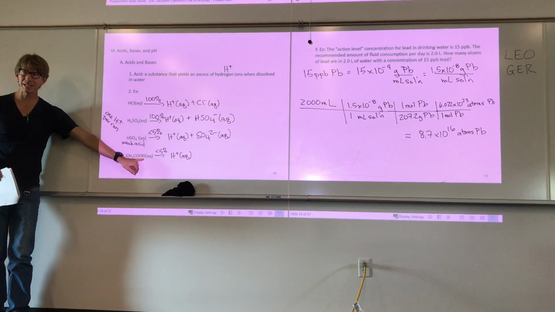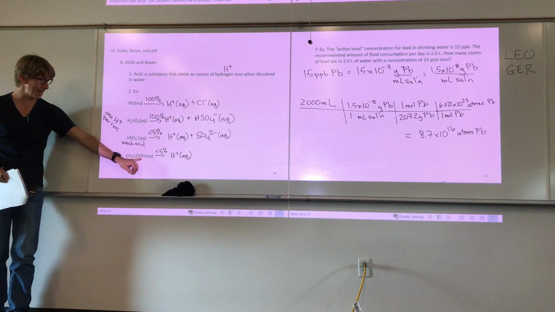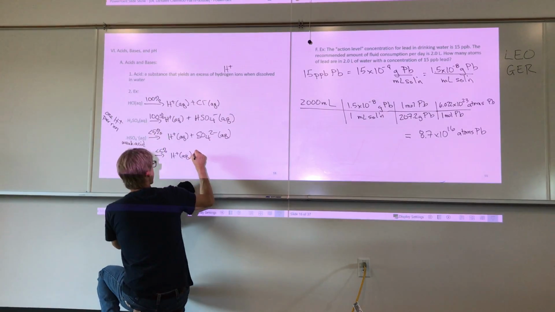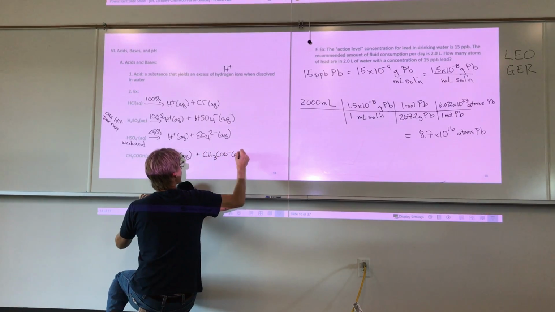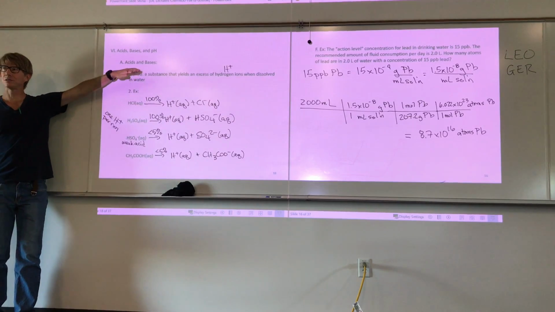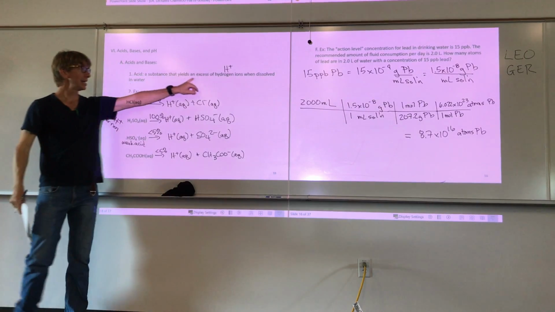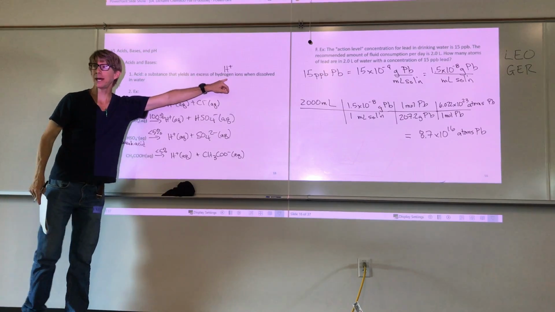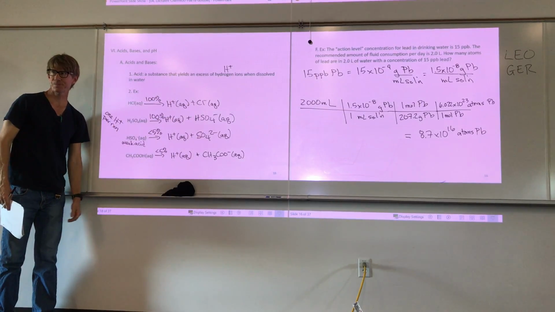The H+ here is the H at the end. And so we are left with CH3COO minus. And all of these are acids that fit this definition because they're all making an excess or some hydrogen ions. Different amounts, it's true.